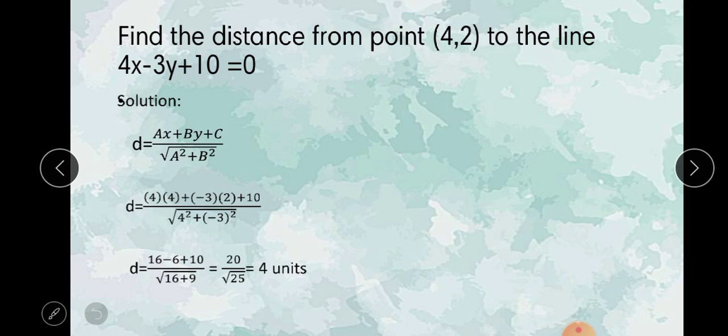Then in the denominator, 4 squared is equal to 16 plus negative 3 squared is equal to 9. So we will have 16 plus 9 is equal to 25. 20 over the square root of 25, which is 5, so 20 divided by 5 is equal to 4 units. So the graph will look like this.